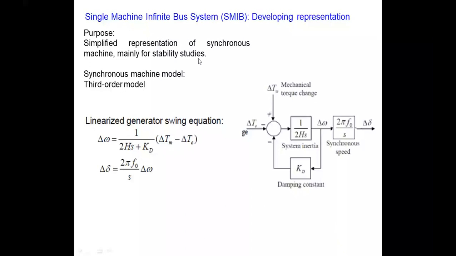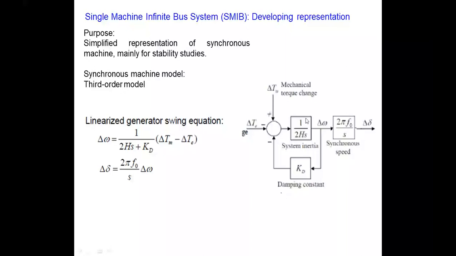We use the third order model of the synchronous machine, and from the swing equation, this is the linearized swing equation in terms of omega and small deviation in omega and small change in rotor angle. These two equations are represented in the block diagram here.